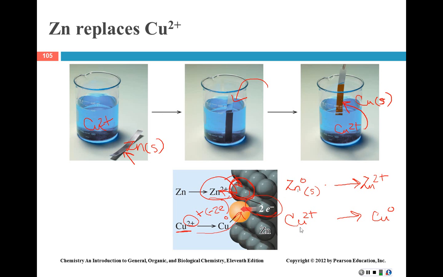So in order to do that, the zinc has to give up 2 electrons, so the electrons go away, and the copper has to gain those 2 electrons. Okay, and so this is what's happening on the surface of this zinc plate.